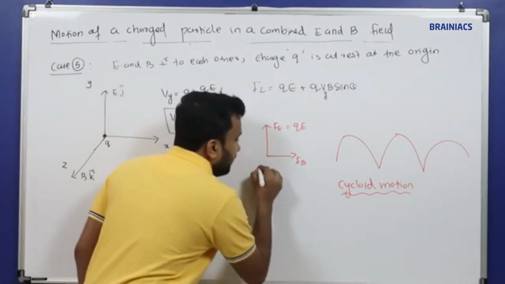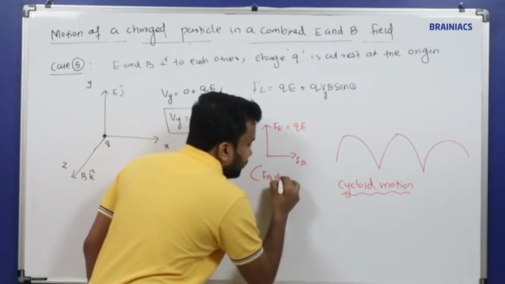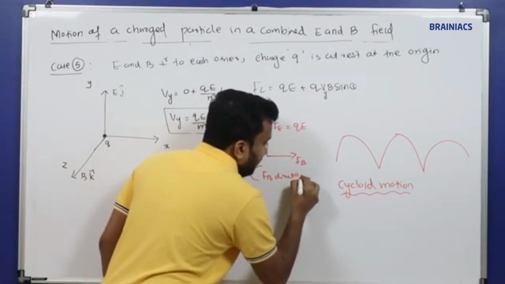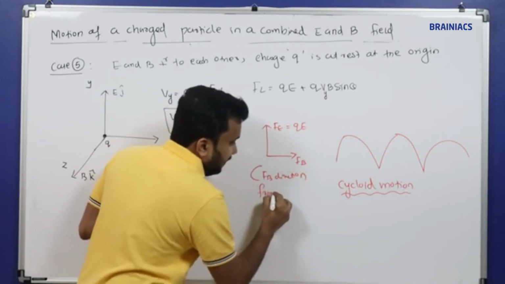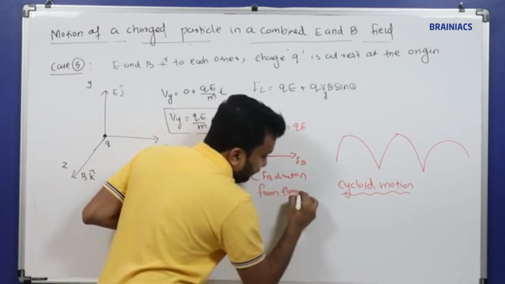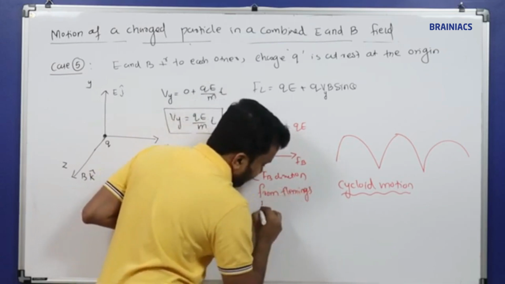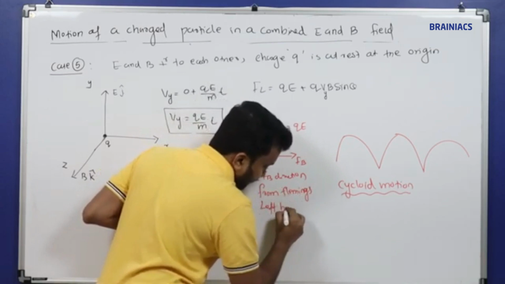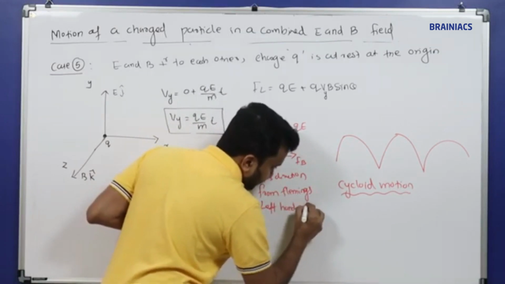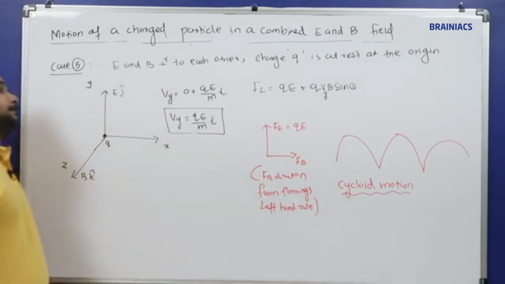How should I get the FB direction? The FB direction comes from Fleming's left hand rule.